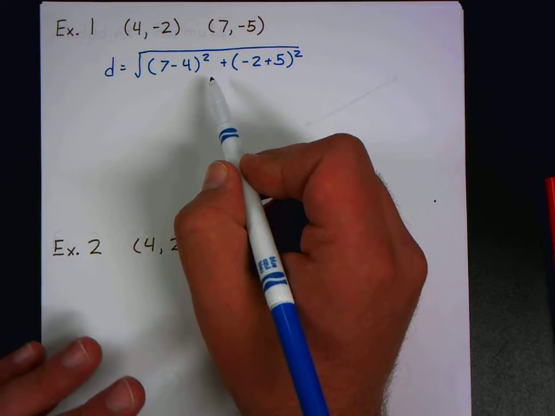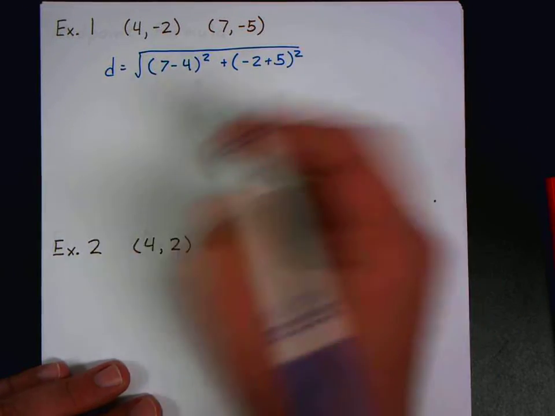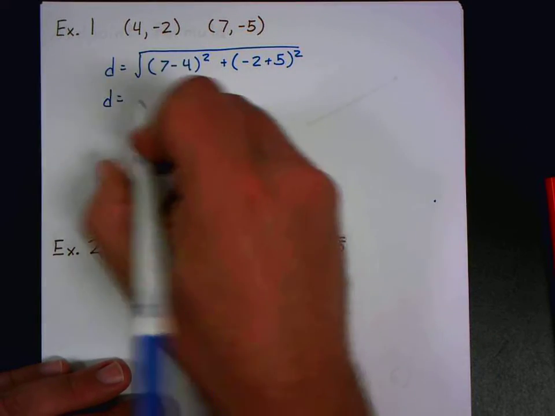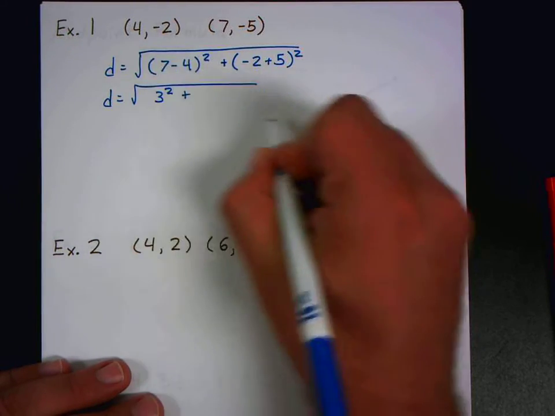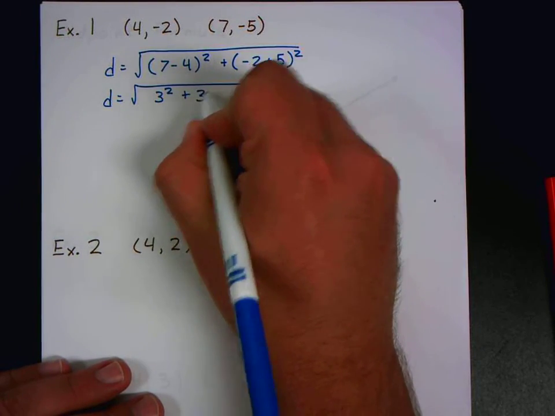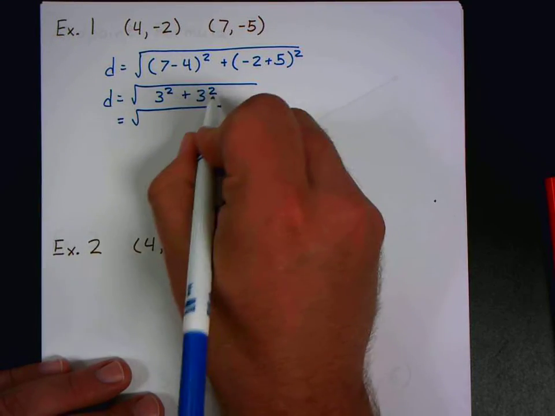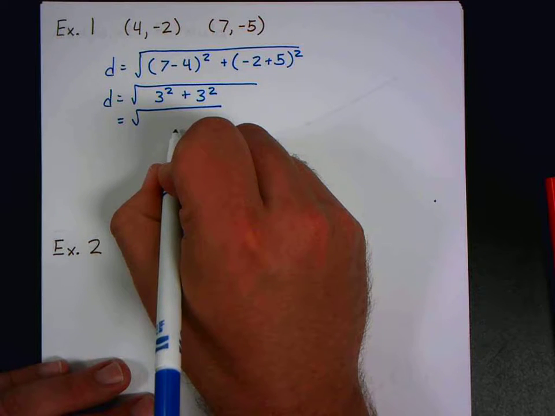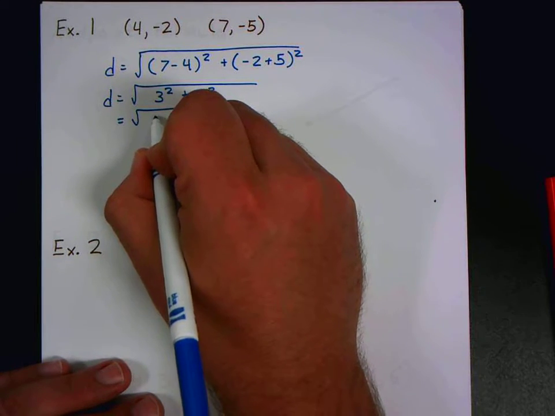So I just did it on purpose to prove the point that it doesn't matter. Let's see, 9 and 9 make 18.